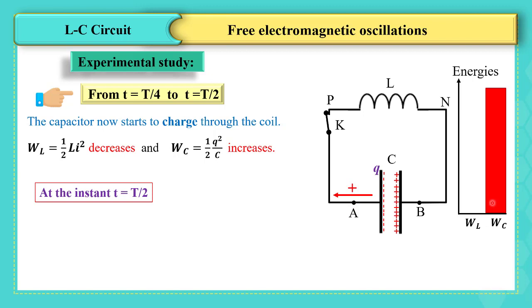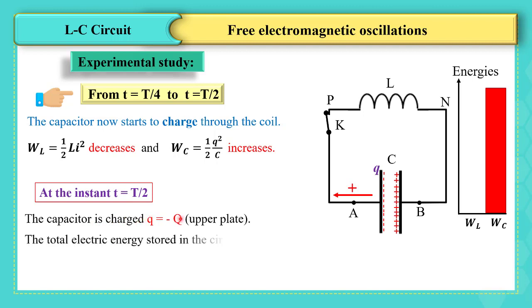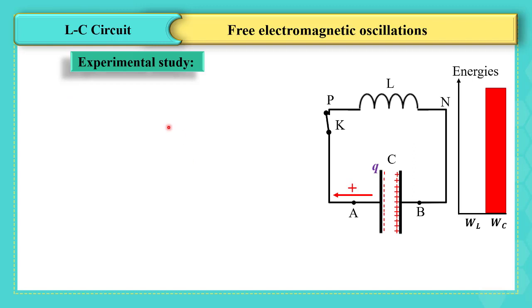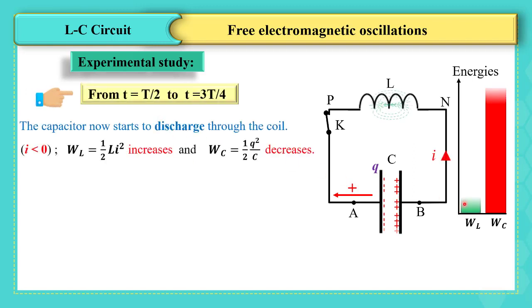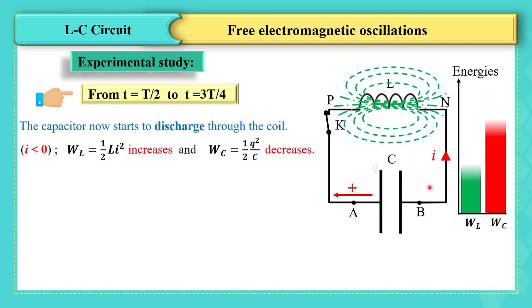And right now, the polarity of the capacitor has been reversed because current was flowing into terminal B. At instant t equals half period, the capacitor is charged again and its charge becomes minus Q. Now in the third quarter, the capacitor will again discharge through the coil and the current is going to flow from the positive terminal of the capacitor, so it will be negative since it is directed now in a direction opposite to that of the positive sense.